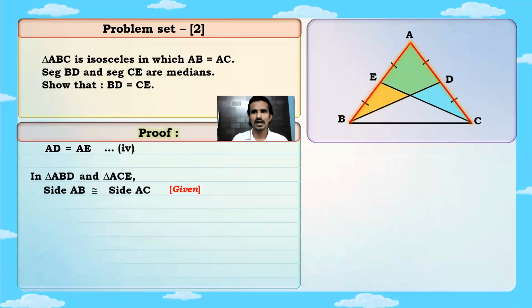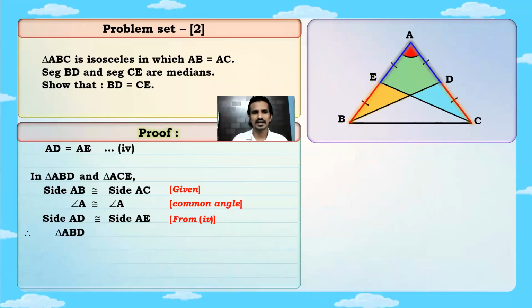We also know angle A is the common angle, so angle A is congruent to angle A, the reason being common angle. And the third element which was missing is now available with us. As you can see in the figure, side AD of triangle ABD is congruent to side AE of triangle AEC, which is proved in equation number 4. So here we are getting two pairs of sides and one pair of angles.